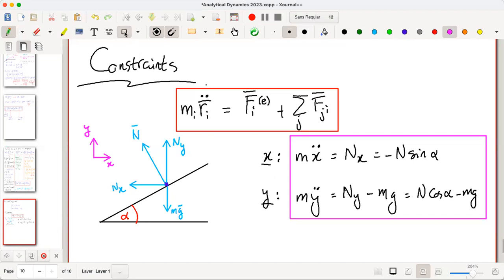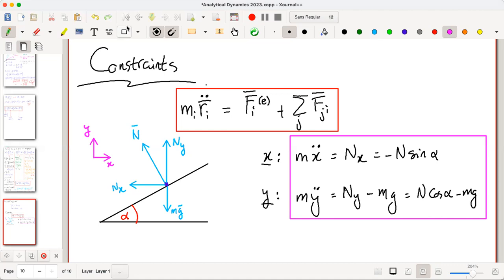So far so elementary, but then how many functions should we solve for? We need to solve for x, for y, and for n, right? Because n is something that comes as a consequence of the system. Here, the particle is rolling down the inclined plane, so it induces the normal force.